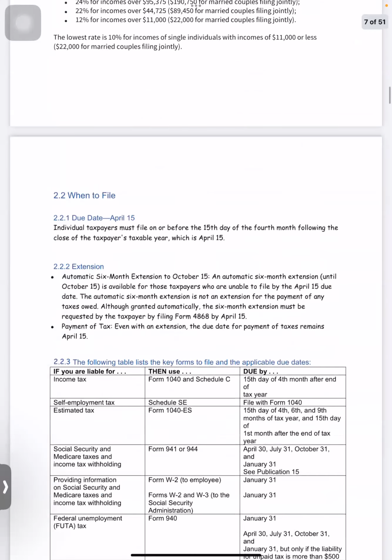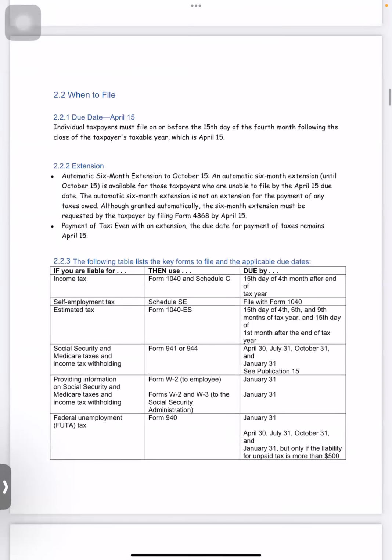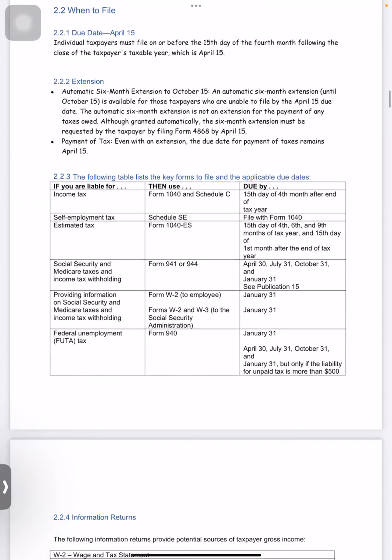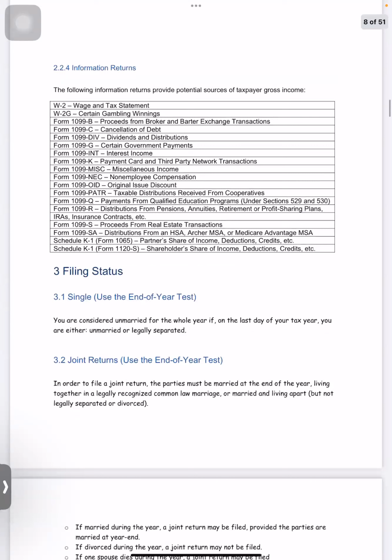Then we saw when to file the return and the extended due date: 15th April, and the extended due date will be 6 months from that. Then these are some of the forms. We will have an overview of the 1040 form once we complete the first chapter.